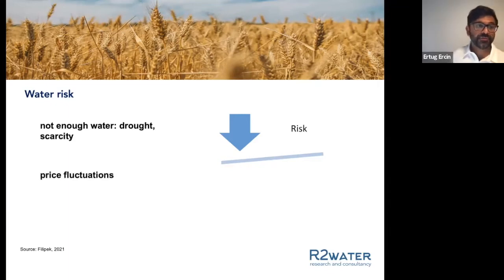Because of that, first of all, water price can fluctuate, but also raw material prices can fluctuate. For example, if you're producing beverages or food, your raw material is mainly the crop that's grown in the fields. If there's a drought, for example in 2012 in the US, maize decreased a lot in the Mississippi River Basin.